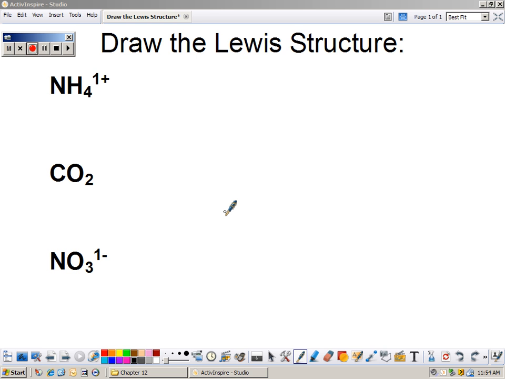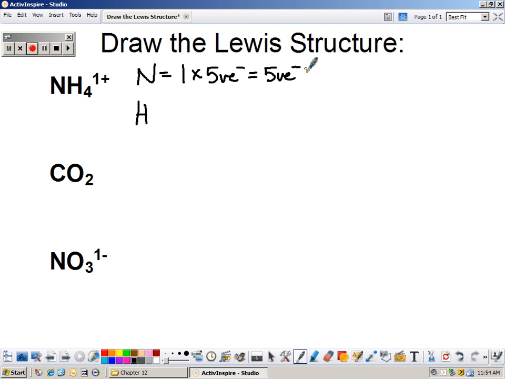Okay, so what you want to do first is total up your valence electrons for the whole molecule. So here you have nitrogen and hydrogen. Those are the two elements in ammonium. You have one nitrogen, and each nitrogen has 5 valence electrons, for a total of 5 valence electrons.